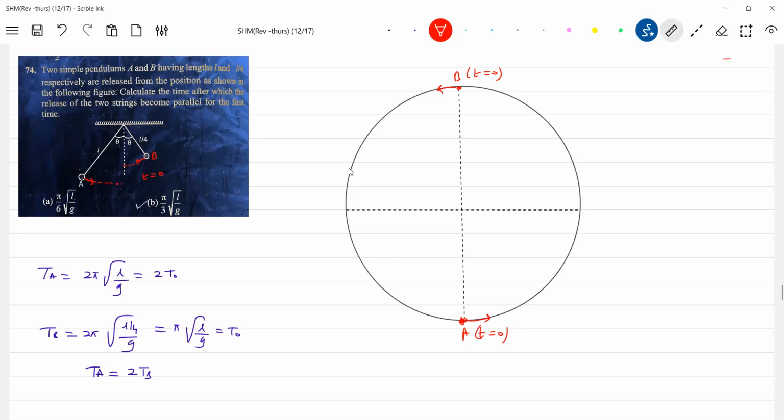Okay, fine. So finally, both will be at the same point. Both will be at the same point. So here, some other color I'll give it.